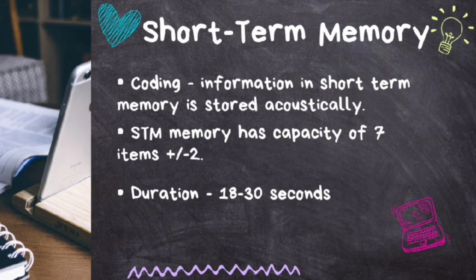This reduces the number of items overall. Duration. The duration of short-term memory is approximately 18 to 30 seconds. However, the duration of information can be extended by verbal rehearsal or the rehearsal loop.